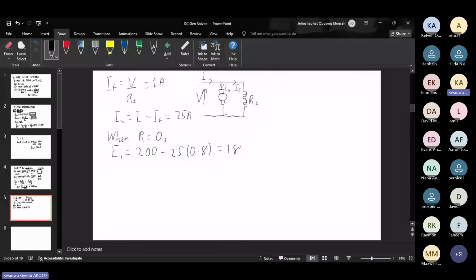So once our armature is connected, our question says, when still supplying full load torque, right? So we are going to take torque to be constant.